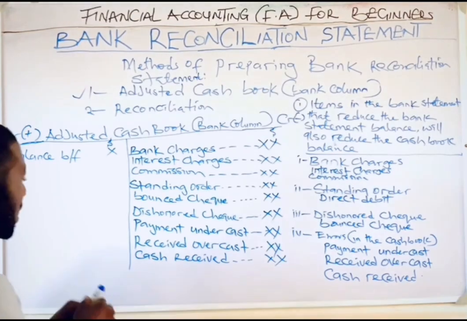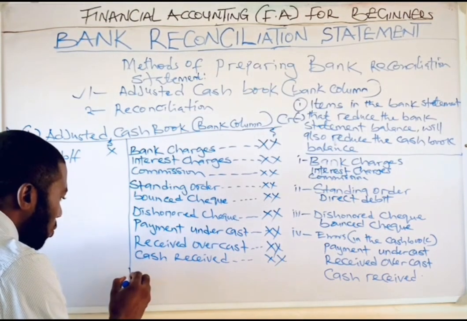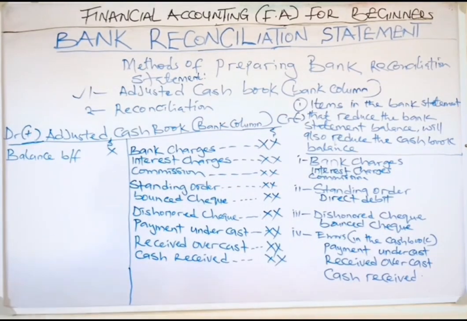So these are items in the standard format that are supposed to appear in the credit side of the cash book while adjusting.